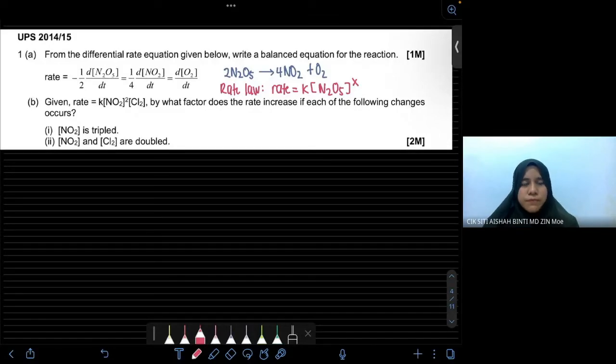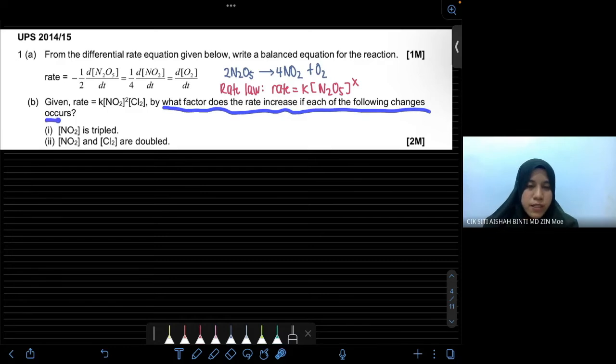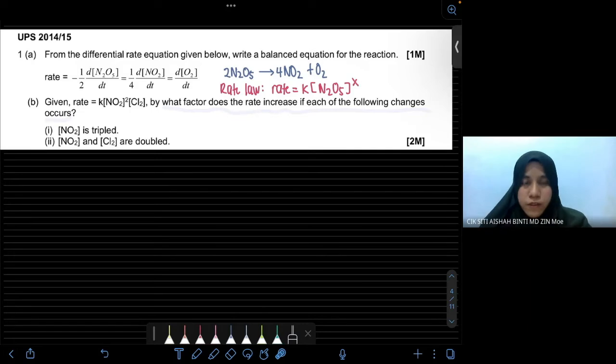Question 1B. Okay, so here it mentioned that given rate is equal to this one. Okay, what factor does the rate increase if each of the following changes occur? Okay, so sebenarnya yang ini kita ada tengok very briefly during your introduction to the order of the reaction.